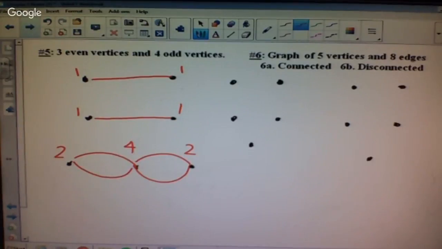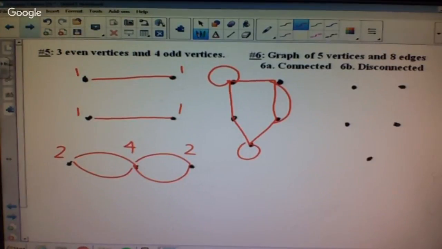The easiest way to do that is just connect the dots and go back to the beginning. So here's 1, 2, 3, 4, 5. I need 8 edges. So we can draw in a loop. There's 6. I can draw in a multiple edge. There's 7. I can draw in another loop. There's 8. Connecting all the points around the outside only gave me 5 edges, so I added in 3 more: 2 loops and a multiple edge.